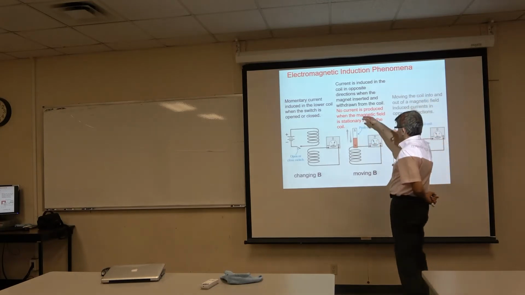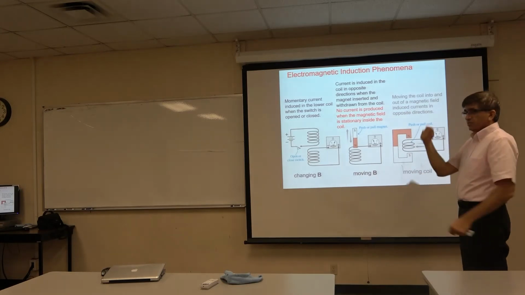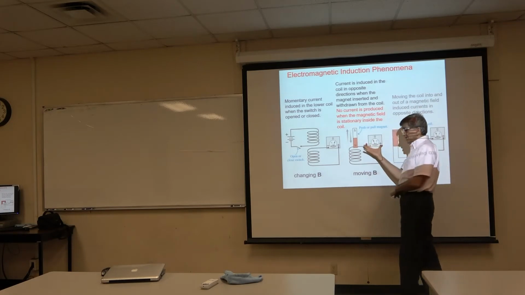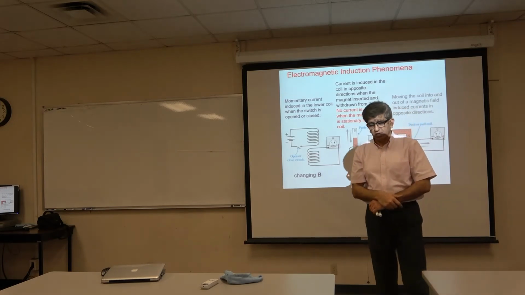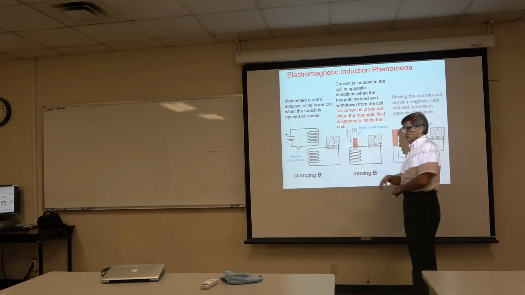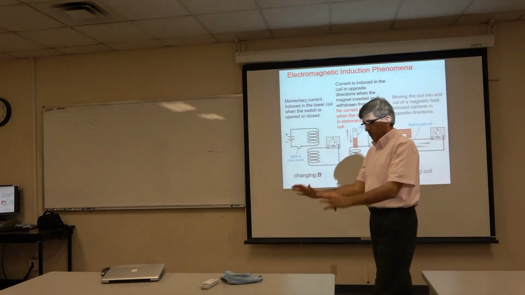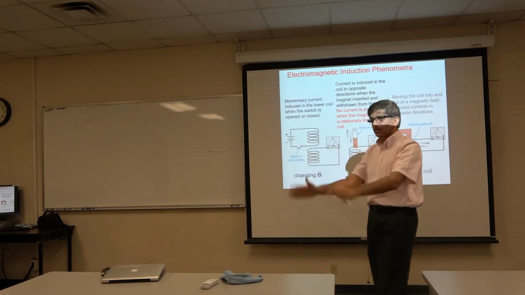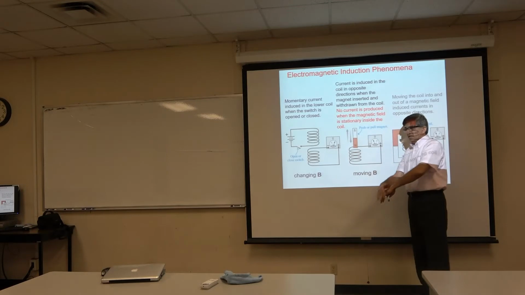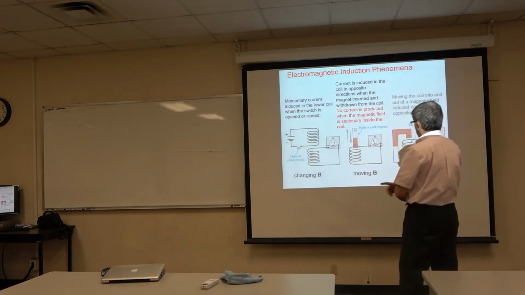As long as you are pulling or pushing the magnet through the coil, the current will keep being induced, and it can be seen through the galvanometer. Now, if we stop moving the magnet, the magnetic field is still there because the magnet is there, but it is constant. It's not changing anymore. So there will be no more induced current in the conducting coil.